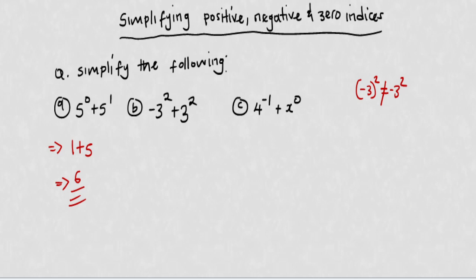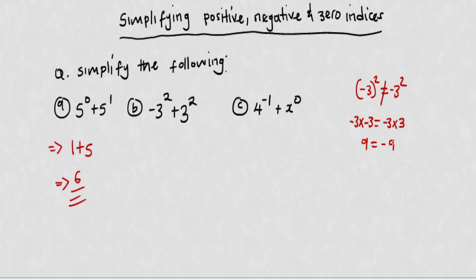The answer that I'm going to get on the first one and the answer on the second one is different. On the first one it is negative 3 multiplied by negative 3, then on the second one it is negative 3 multiplied by 3. So this one becomes positive 9, then that other one becomes negative 9.